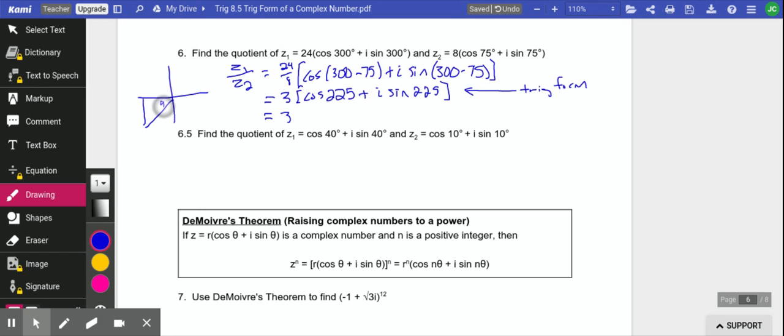It's a reference angle of 45 degrees. Those are both negative. So the cosine is going to be negative root 2 over 2. And the sine is also going to be negative root 2 over 2. And then when we distribute that 3, we get negative 3 root 2 over 2 minus 3 root 2 over 2 I. And then this is your answer in standard form.